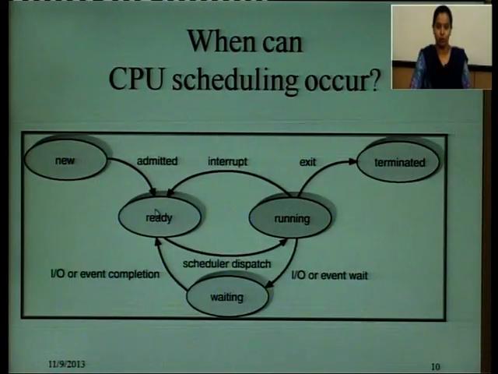If those resources are available, then we say it is the ready state. If those resources are not available, then we keep that process in the waiting state. If there is any interrupt and if there is any waiting, then we keep the processes in the waiting.